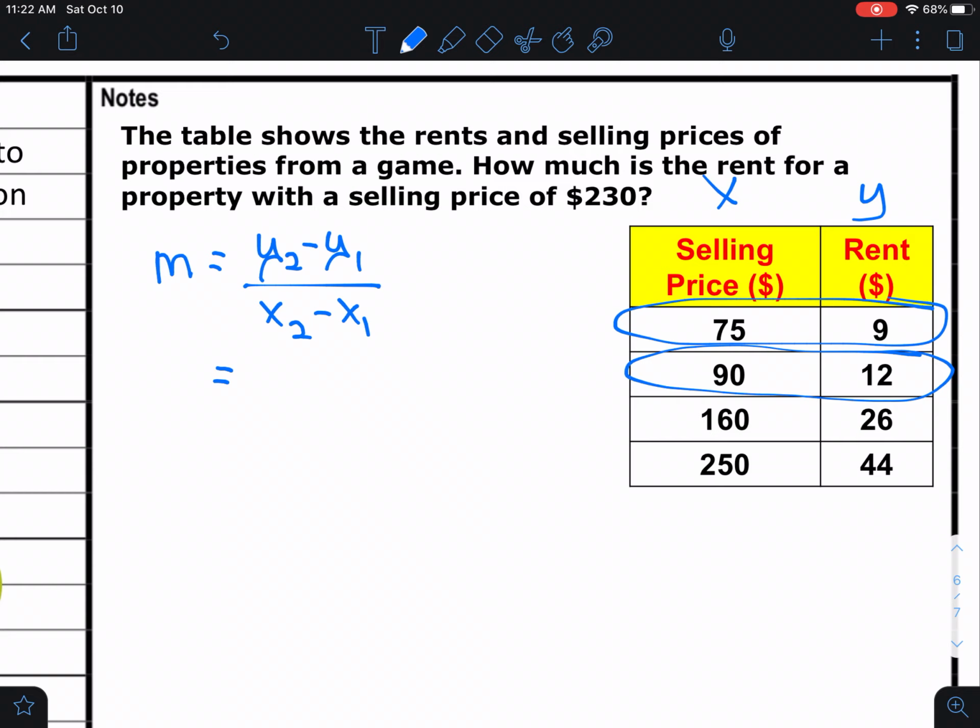So let's start there. I've got y2 would be 12, minus y1 would be 9, over x2 would be 90, minus x1, which is 75.